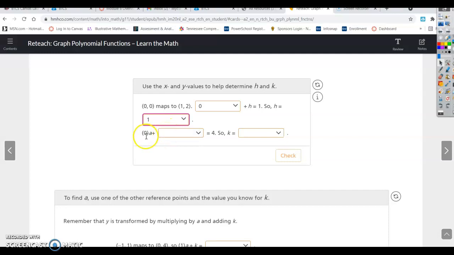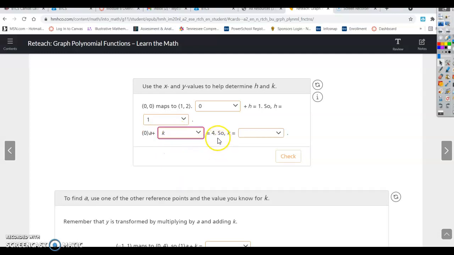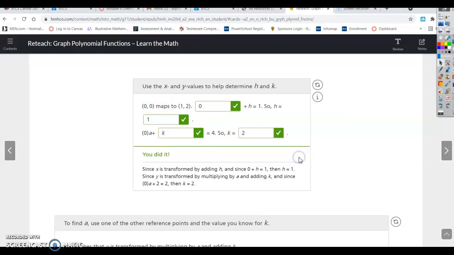And then 0 times a plus k equals 4. If you solve that, k should be 2. So we went from 0 to 1 horizontally, and then from 0 to 2 vertically. So our k here should be 2.